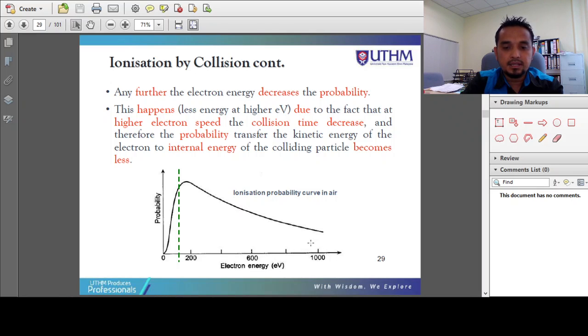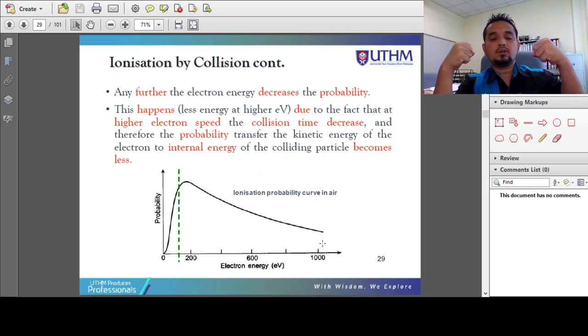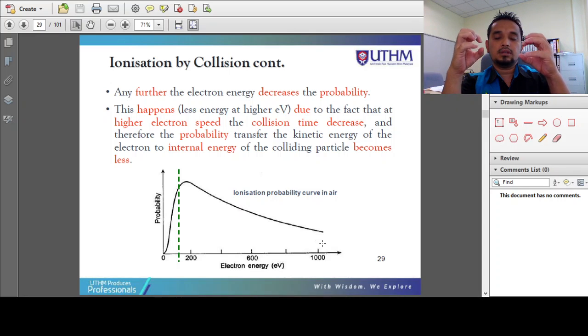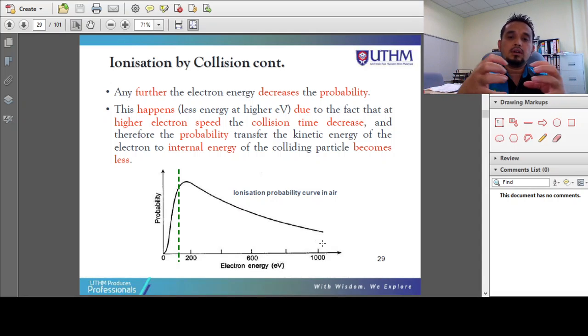Why is it reduced? Let's take a simple example at an electron energy of 1000 electron volts. With this high energy, the collision time is very quick. Imagine you are full of energy, and once you bounce off the wall, you have just a very short period of time in contact with the other one.